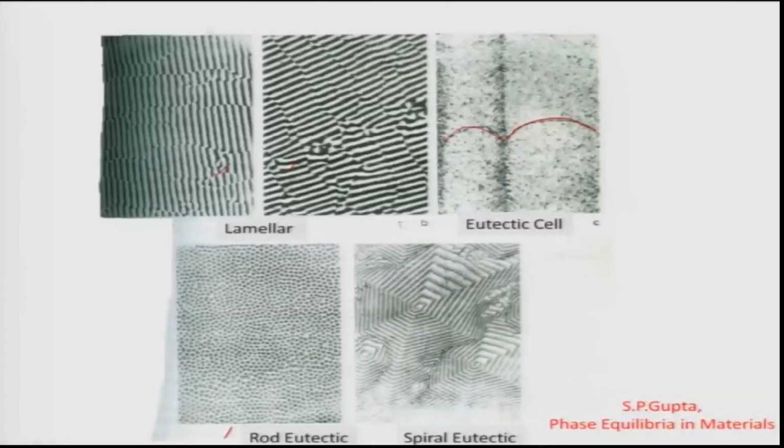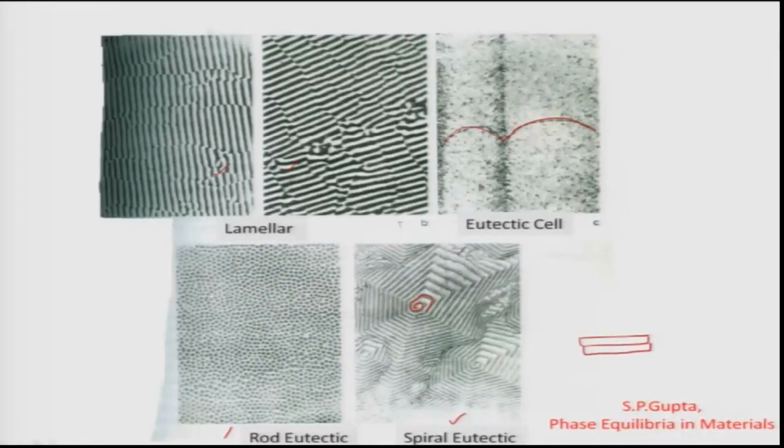One can also have a very peculiar morphology like the spiral one shown in this picture. You see here one of the phases has formed like a spiral staircase. In many cases it looks even like dislocation multiplication. This spiral eutectic normally forms in the magnesium-zinc system, and it has been found that if the thermal expansion coefficient of one phase is distinctly different from the other, then it behaves like two plates sitting on each other.